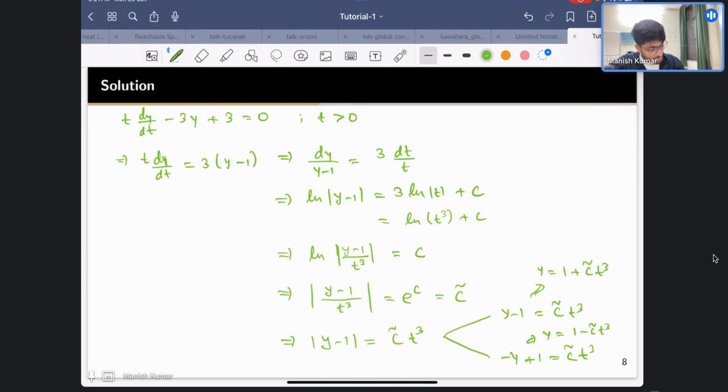Since c tilde is an arbitrary constant, in this case it is positive, so let us keep both of them. Otherwise, if c tilde were any constant, we could have just considered any one of them.